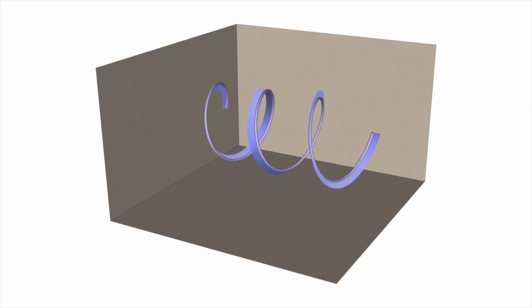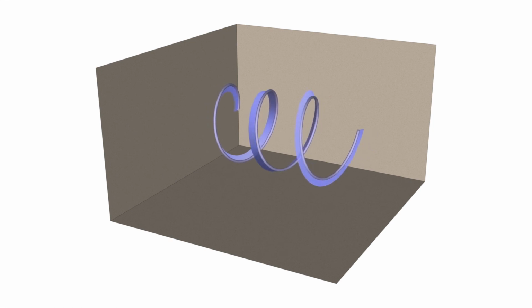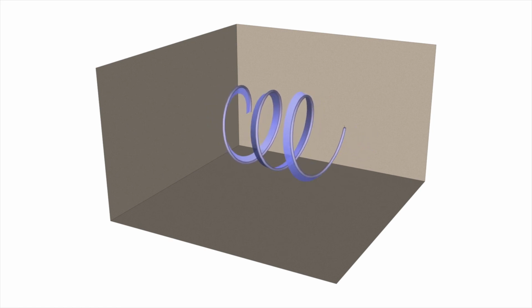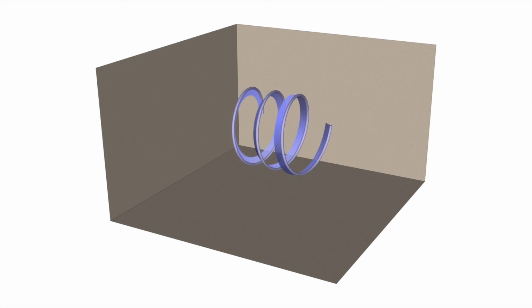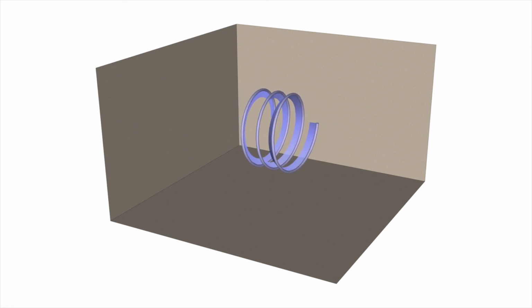Watch the end of the frame as we change the pitch angle again. You'll see that it looks like the end vector is rotating slowly around the end of the helix.